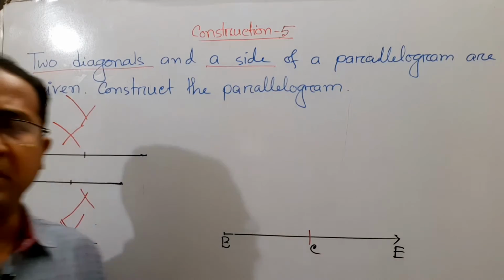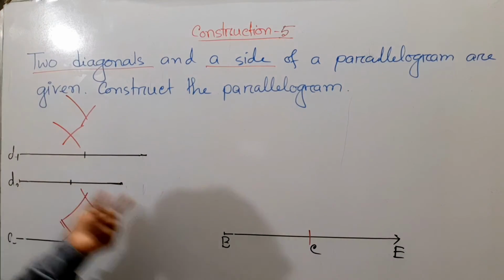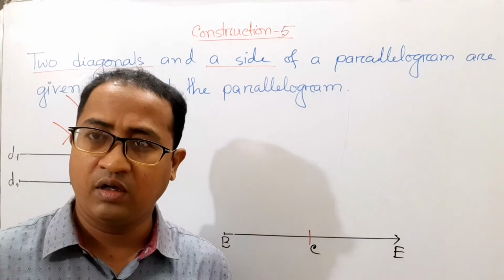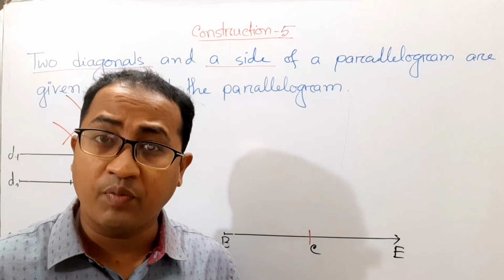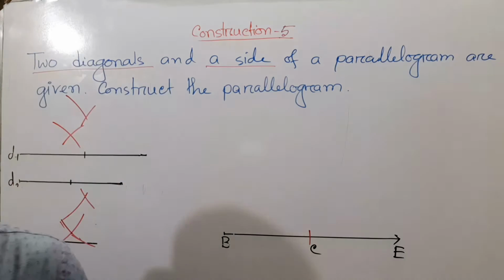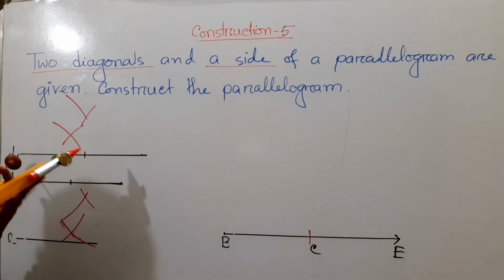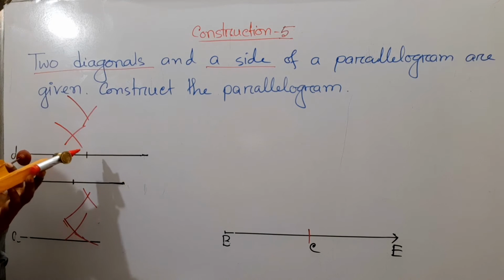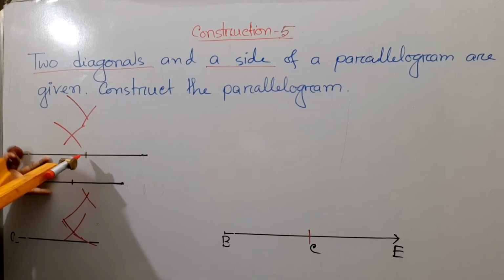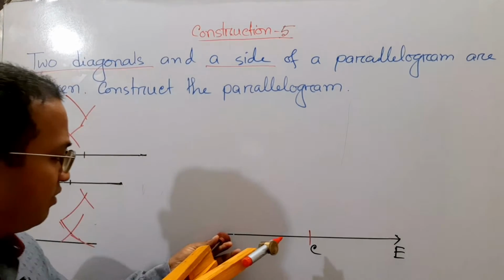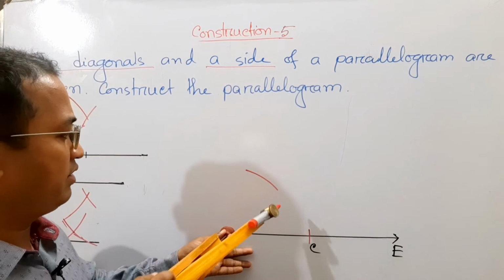Now at the point B, with the radius half of D1, we will draw an arc above the ray BE. So measure D1, half of D1. This is half of D1. With centering B, with the radius half of D1, we will draw an arc.